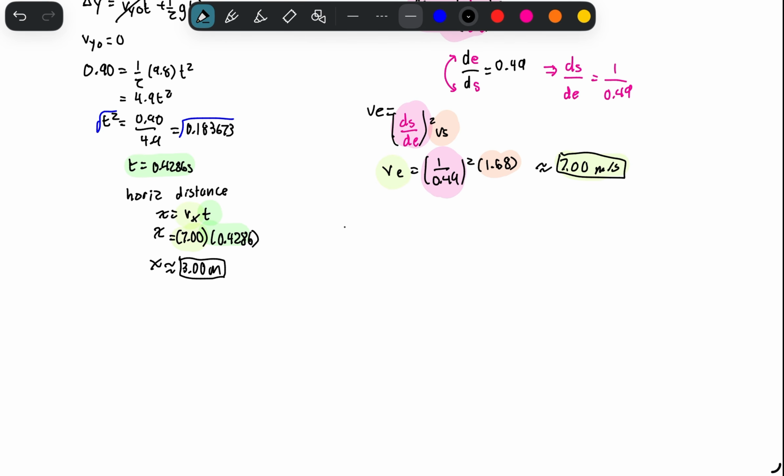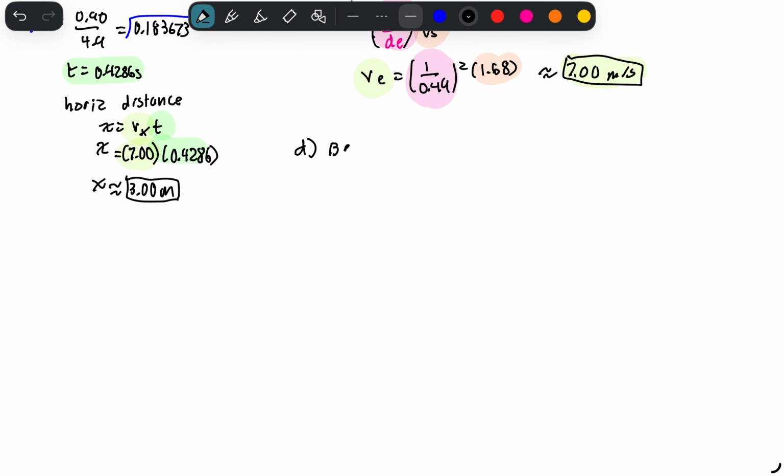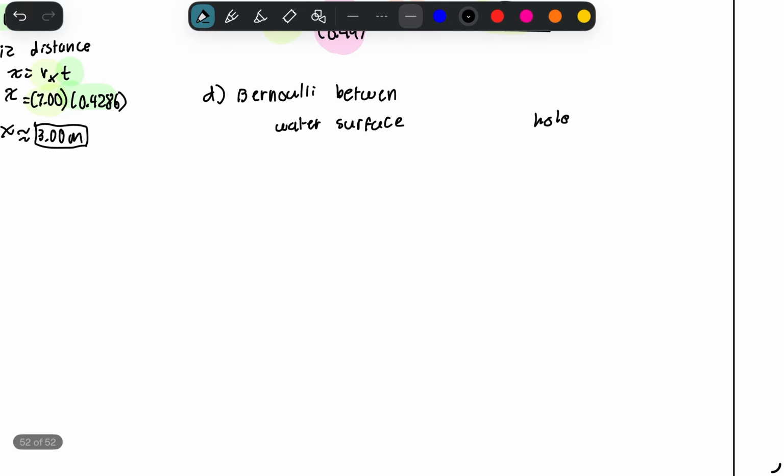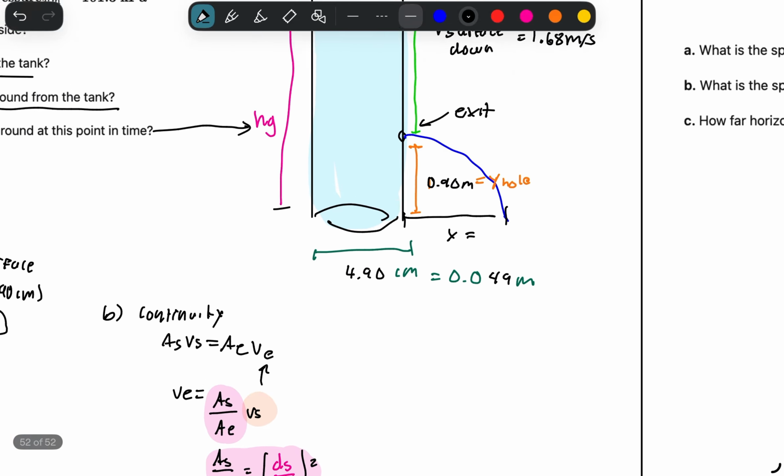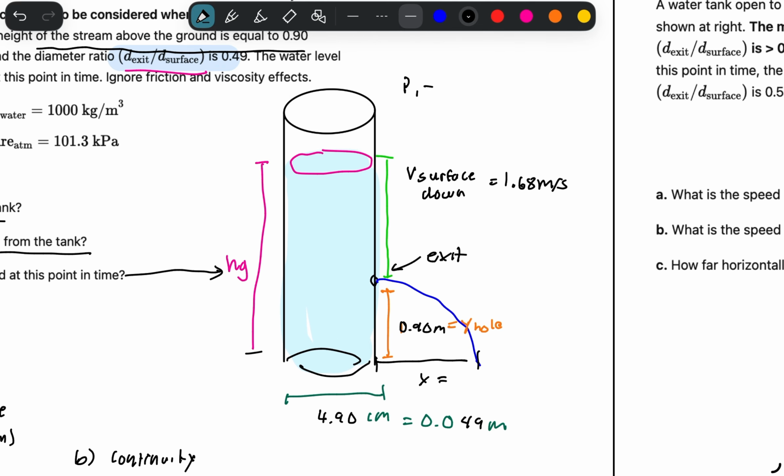So what that means is we can use Bernoulli's principle between our water surface and our hole. Because we know that P1 is equal to P2 is equal to atmospheric pressure, because it's open to the atmosphere, it's going to take the pressure from the atmosphere.